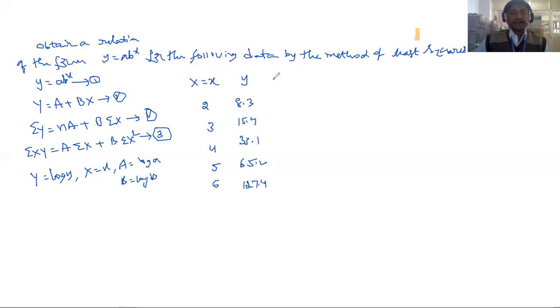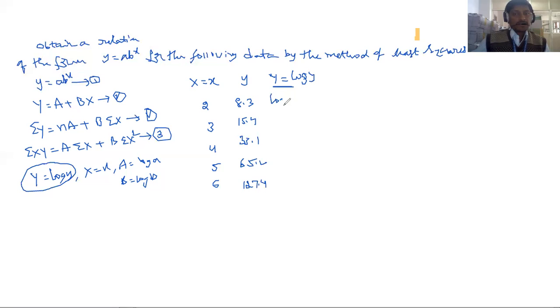And next what we require: capital X is equal to small x, no need to find that one. So we require capital Y, so simply we are using log y. Why? Because here capital Y is equal to log y, keep in mind. That's why we wrote y equal to a b power x, taking ln, and here capital Y is equal to log y.